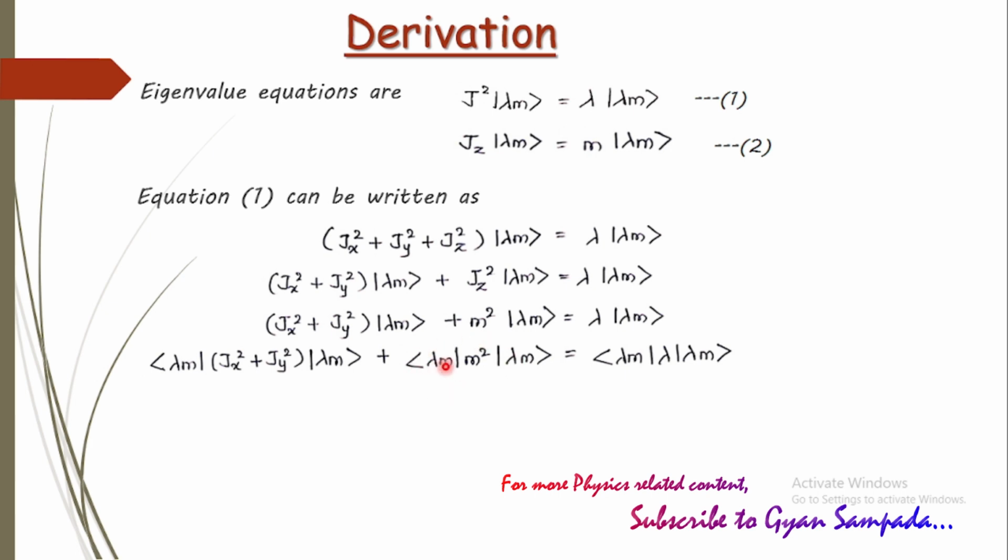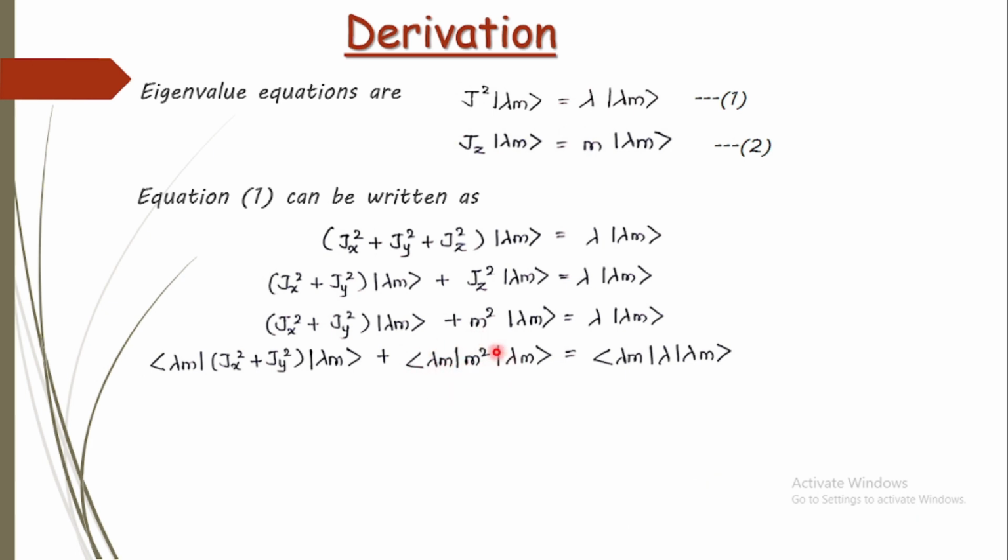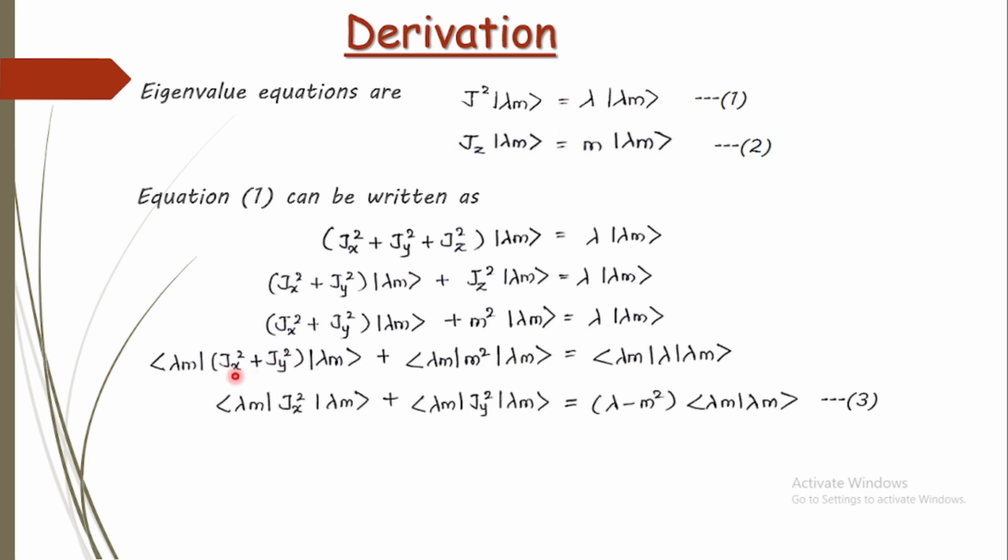And if we look at the second term, we know that m square is a constant. So that can be brought outside the bracket notation. And similarly, lambda also can be brought outside the bracket notation as it is a constant. And first term we can write separately. So the above equation will be rewritten something like this.